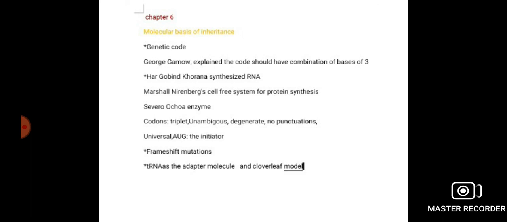Then we studied the characteristics of the genetic code: triplet, unambiguous, degenerate, no punctuations, and universal. AUG is the initiator codon, and there are 3 stop codons.